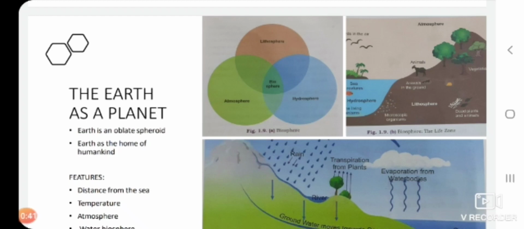So the planets do not have light of their own. They move around their stars in fixed paths. What are these fixed paths called, along which planets move, children? They are called orbits. Okay. So the Earth is an oblate spheroid, but it is not a perfect sphere.